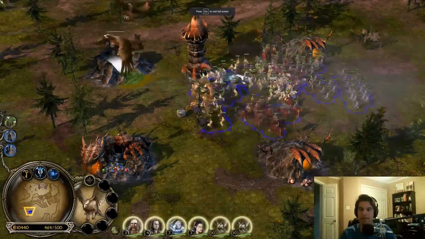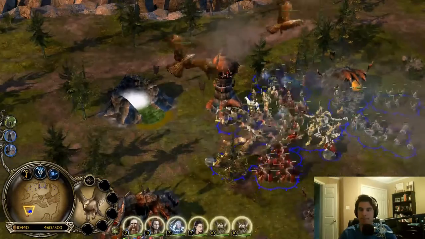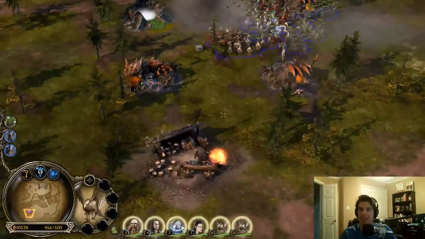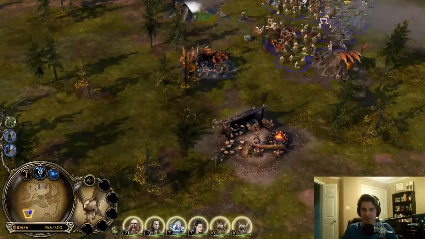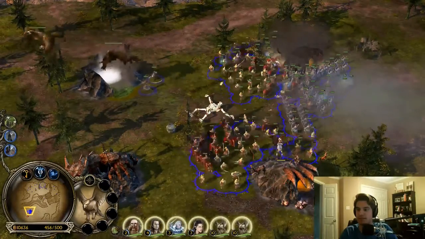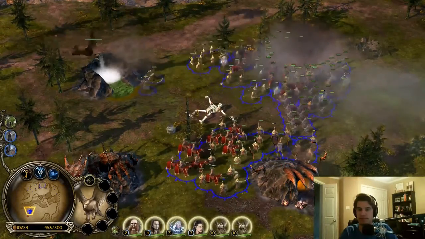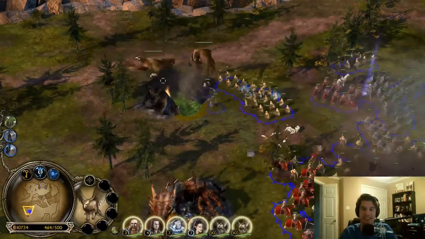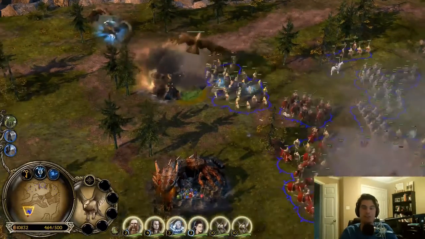Good. Get that tower. Now spread out and attack all these buildings. I think they're actually taking legitimate bites out of that. I had no idea eagles could bite into stone.